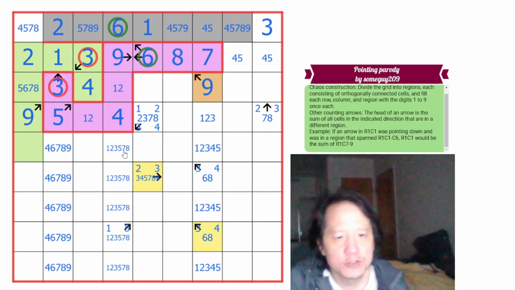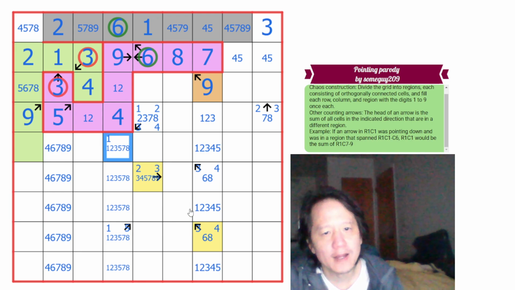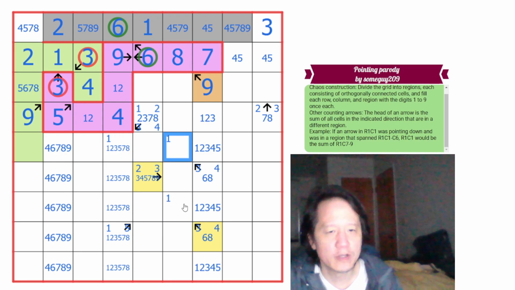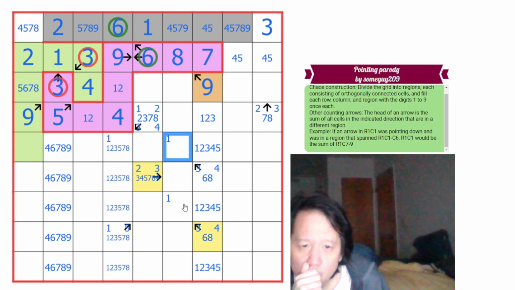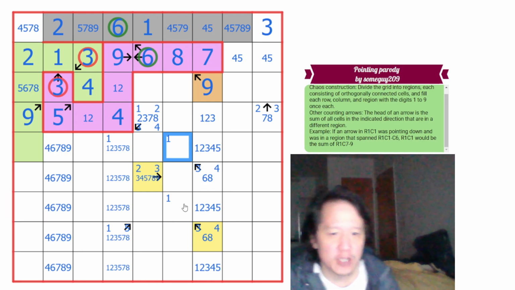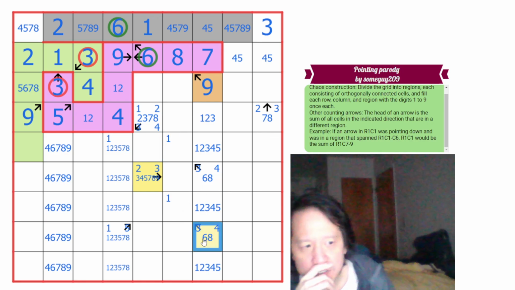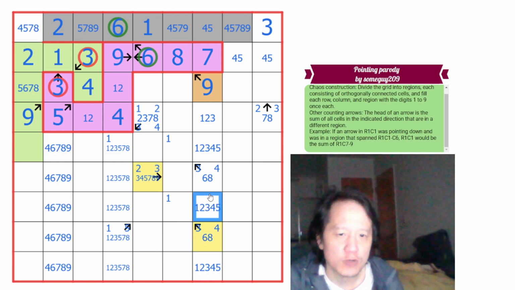Okay, so one interesting thing is there has to be a 1 either here, here, or here that's not part of yellow. I mean, it could be part of yellow. It's just not part of either of these two regions, whichever ones they are.